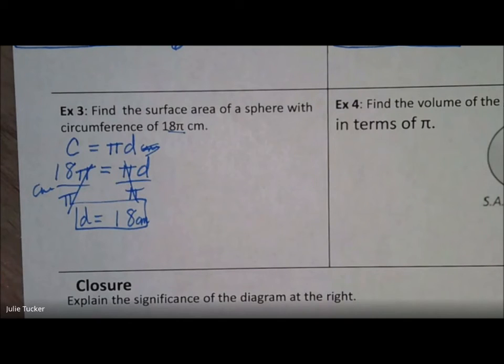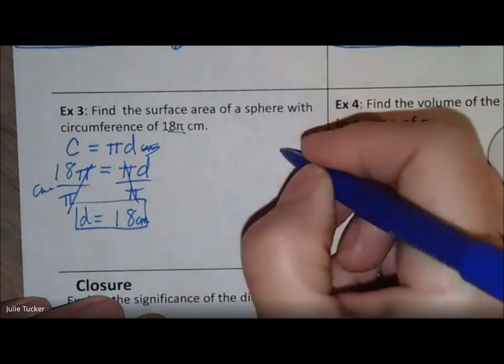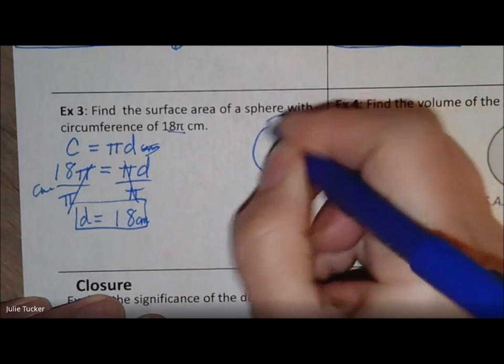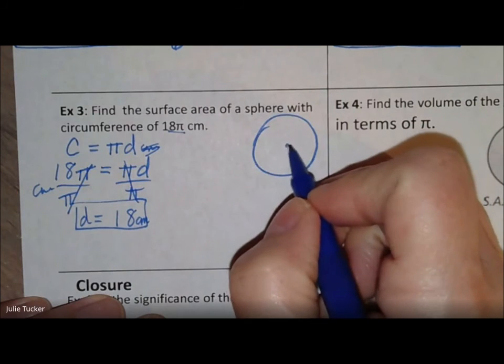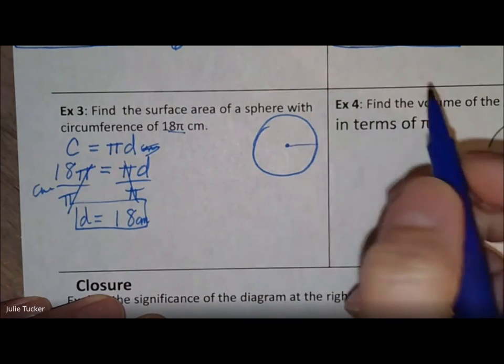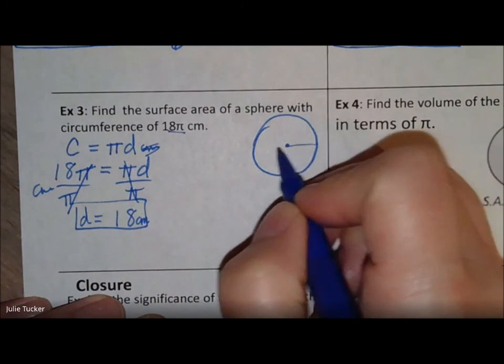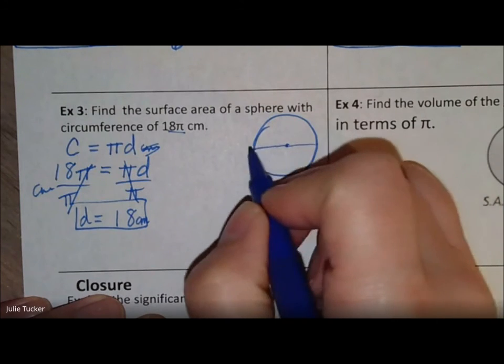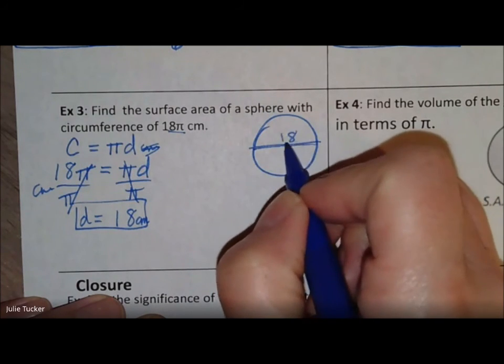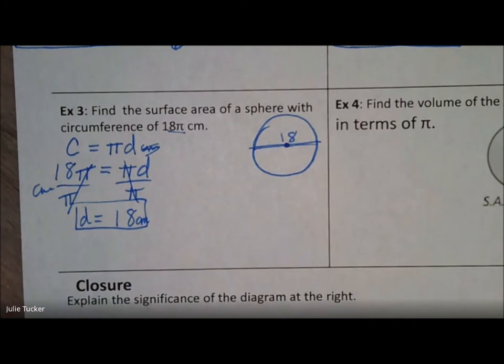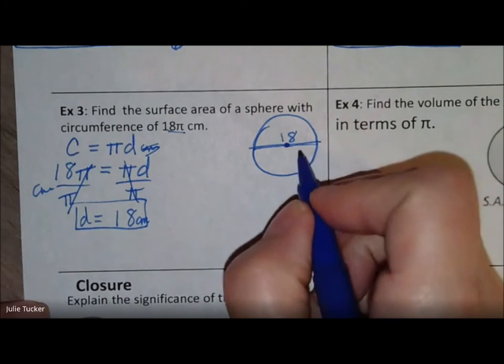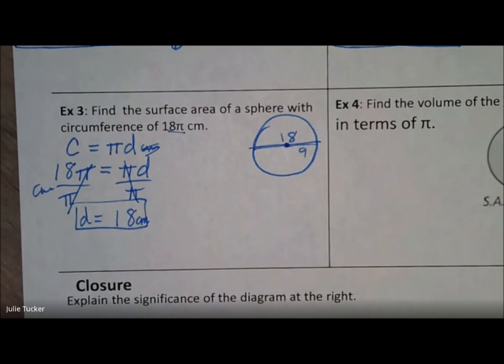So if my diameter is 18 centimeters, now I have something I can put on a drawing. So let me draw a circle, and I'll put a radius inside of there. The whole diameter is 18. So what is the radius? 9. Good.